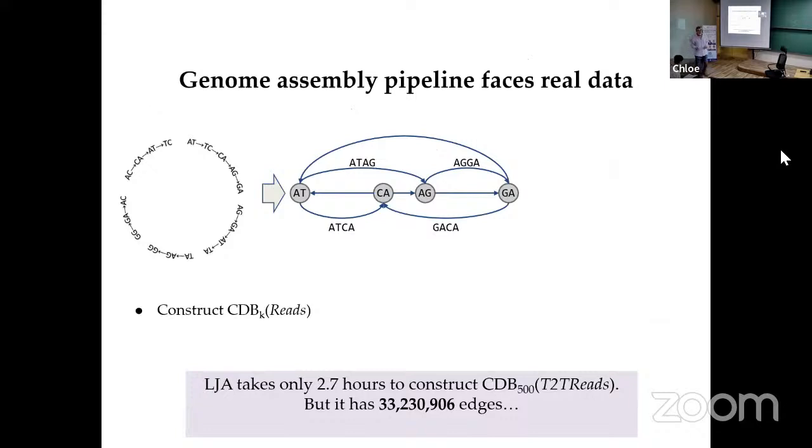Everything I described before was a walk in the park. Reality is much more complex. And by the way, the assembler that we just described takes less than 3 hours to construct the condensed sequence graph of the human genome, from reads selected from the same reads that we used to generate the first complete human genome 2 years ago.